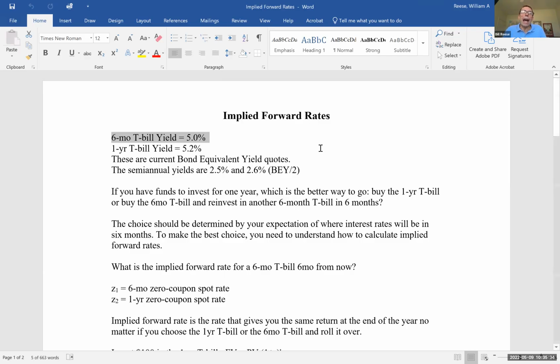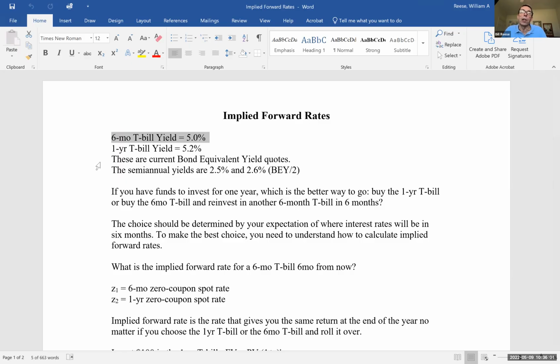First of all, we have to realize that whenever we see quotes, like yields or yield to maturities or bond equivalent yields, for us, they all mean the same thing: these are annual numbers and they are the semi-annual yield doubled, because all treasuries and all corporate bonds, at least all the ones that we're going to be dealing with, that have coupon payments are making their coupon payments semi-annually.